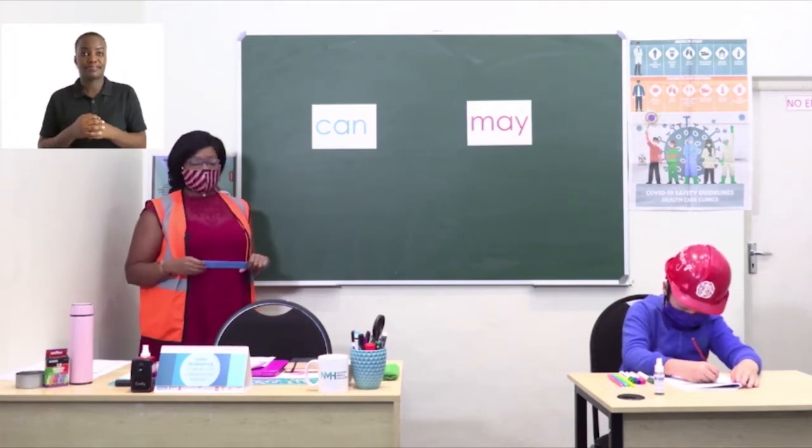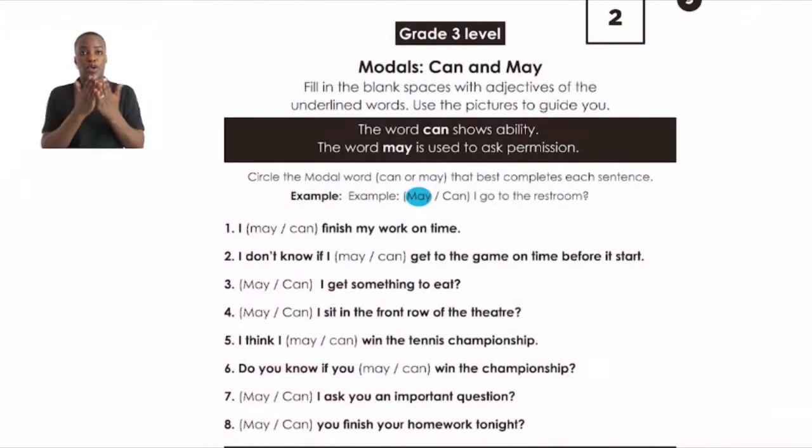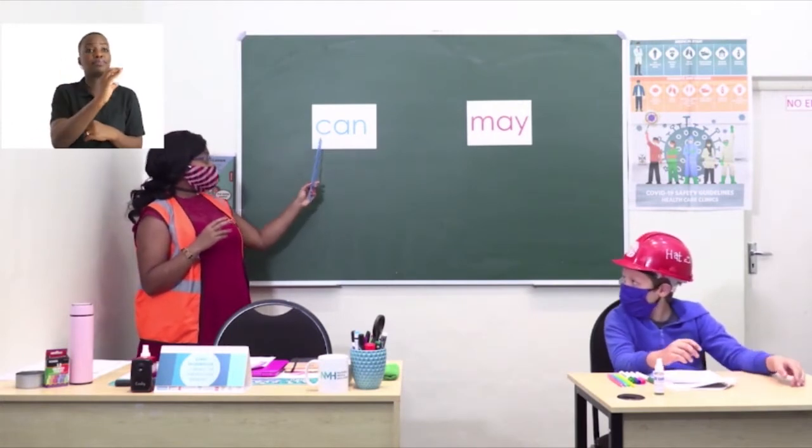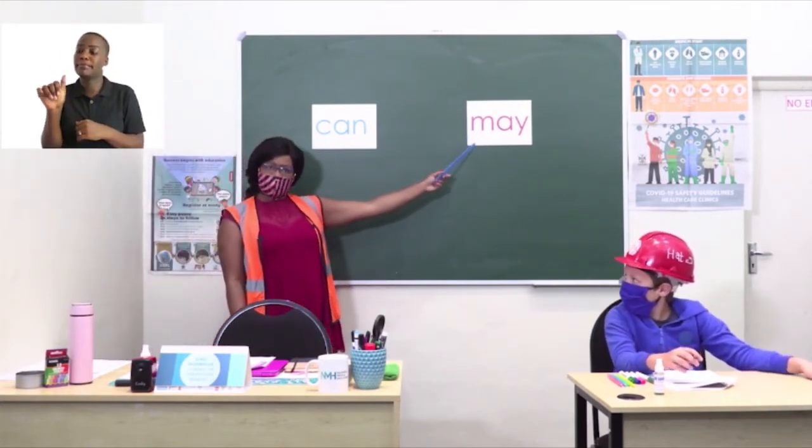Let's take a look at number 2 on page 9. Number 2 says, I don't know if I dash get to the game on time before it starts. Let's look at the board and choose. Do we say can or may?